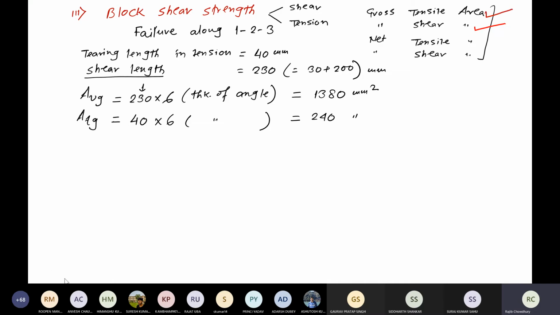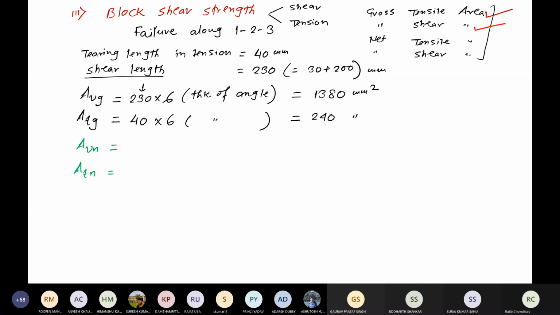What is the next thing? The next thing is to find the net shear area. How to define the net shear area? Two things I have to define: one is the net shear area and one is the net tensile area of this particular cross section.